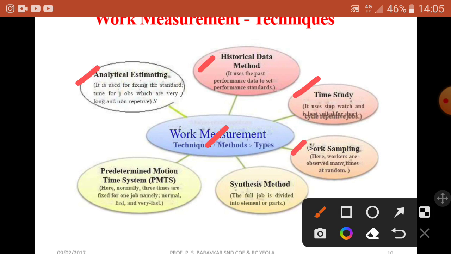In work sampling, workers are observed many times at random. In the synthetic method, the full job is divided into elements or parts. In the predetermined motion time system, normally three times are fixed for one job, namely normal, fast and very fast.